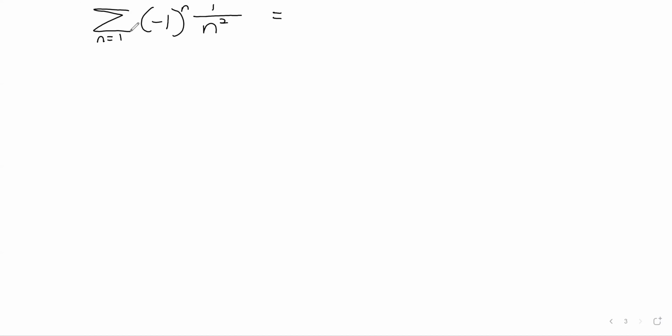What this negative 1 to the n is doing is making half of these terms negative. Negative 1 to the n is negative when n is odd and positive when n is even. So it's throwing in a negative sign every other term.